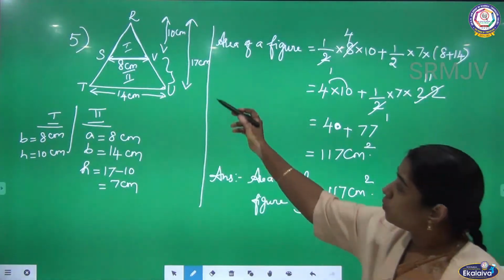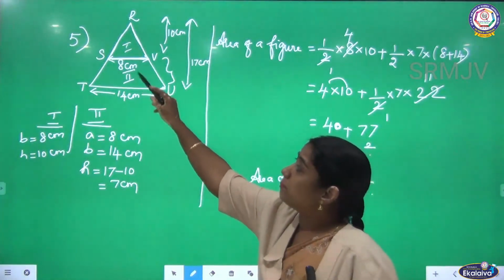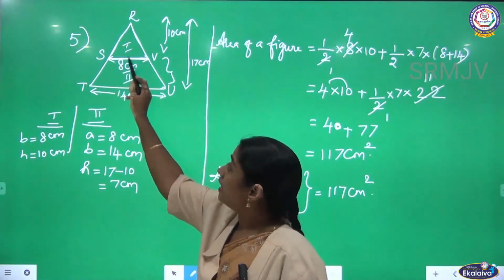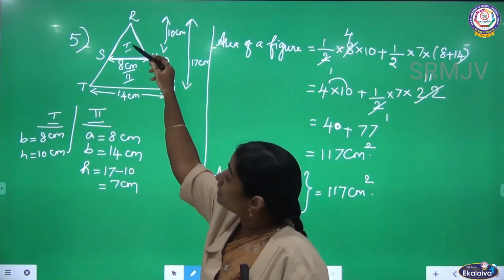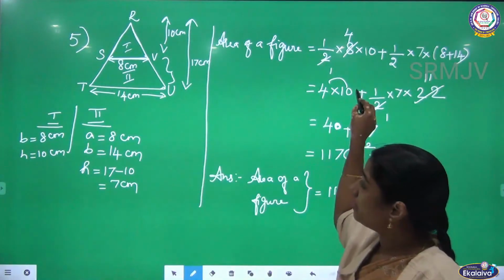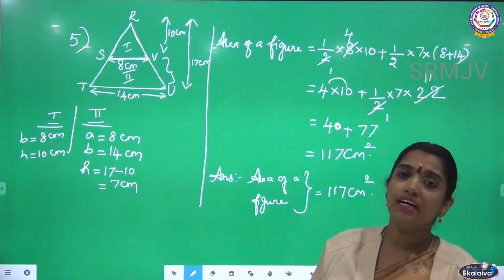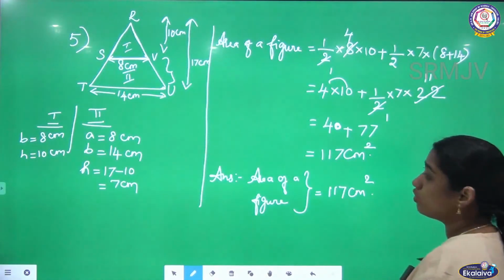See, this area, one is a triangle and this is what? Trapezium. Okay, inside the triangle they have drawn a line like this. So I can split this polygon into 2. So I am substituting the area of a triangle formula as well as the area of a trapezium formula. Got it? Any doubt in this? Shall we move on to the next sum?